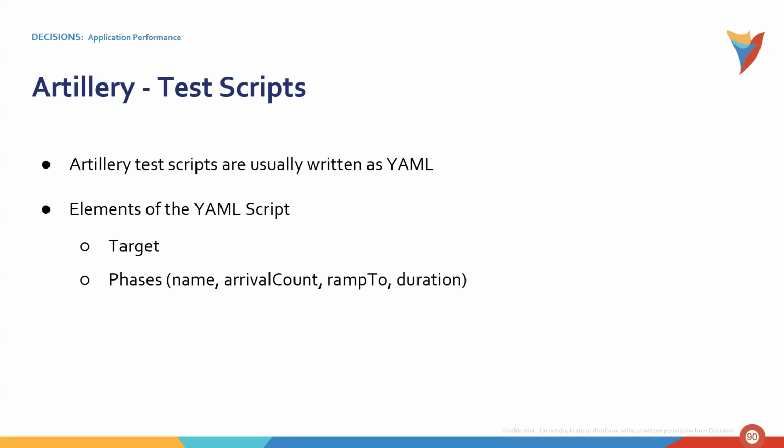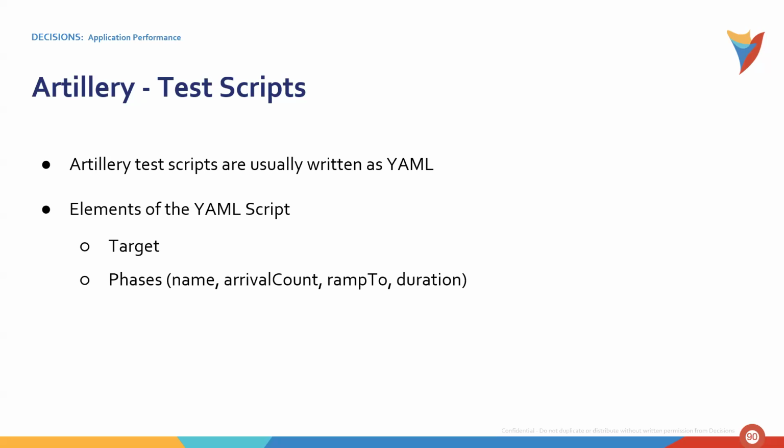One, name; another, arrival count; next, ramp to; and duration. Name is basically the name of the phase. Arrival count is the initial virtual users that you want to be created per second. So when the test starts, how many virtual users you want to create.